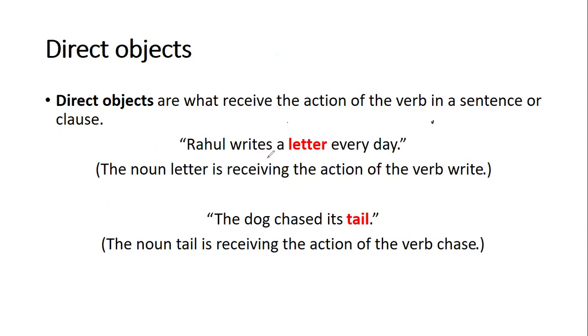First, let us find out the subject. Obviously, the whole sentence is revolving around Rahul, right? It is Rahul that we are talking about. So, Rahul is going to be our subject. What action is Rahul doing? What is he doing? He is writing. Rahul writes. So, write is a verb.